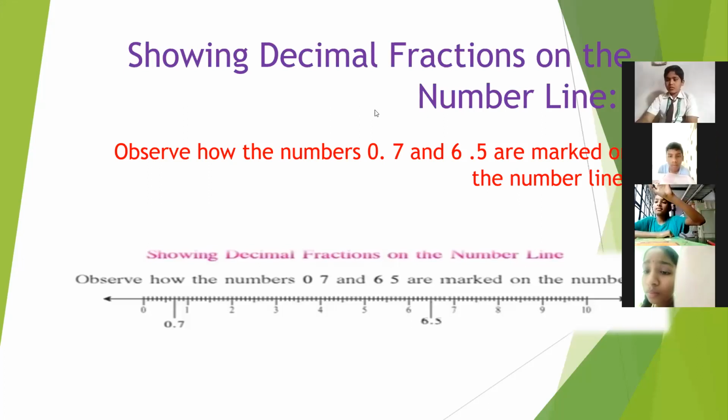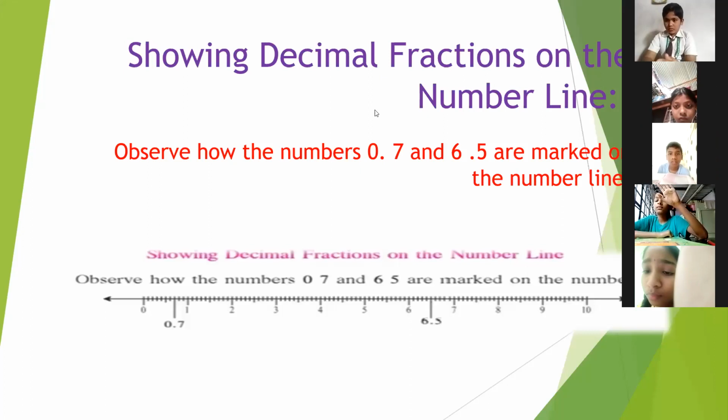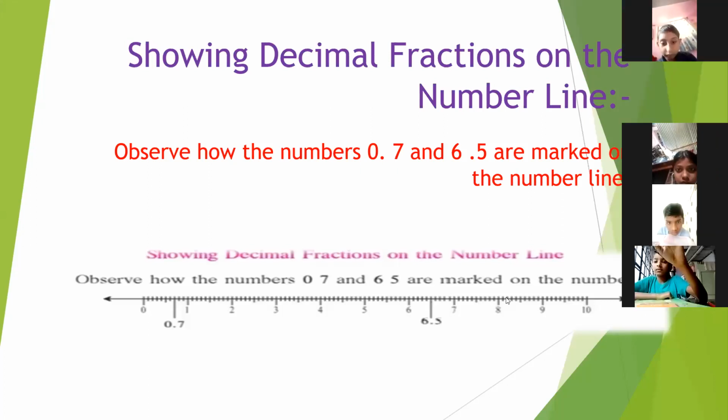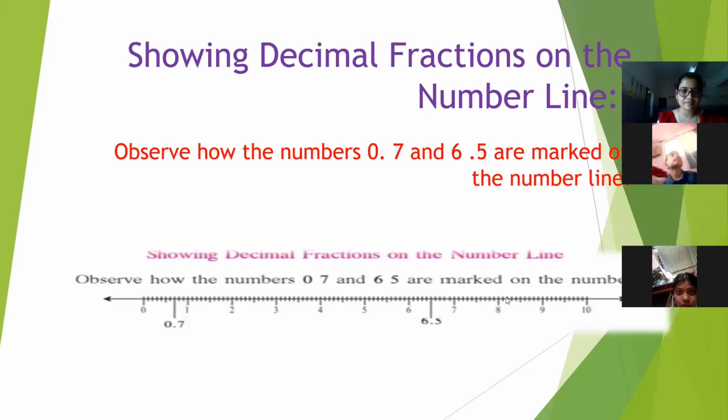Sifa, Sheikh, unmute yourself and tell me the answer. Miss, positive and negative number. I'm asking this. What is this? Observe how two numbers 0.7 and 6.5 are marked on the number line.